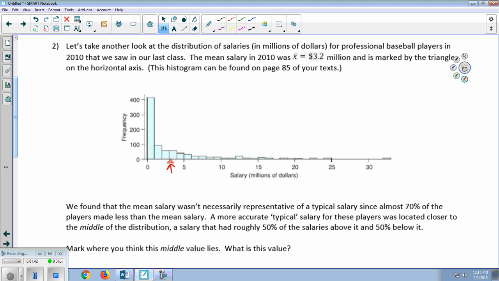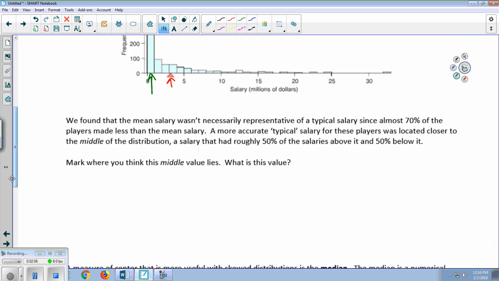A better method might be to think about where the middle observation is. If we lined them all up, what salary would be right in the middle? Likely the middle salary would be more over here. The frequency of being less than 1 million is so much more than being more than 1 million, so we might expect our middle value to be around 1 million.